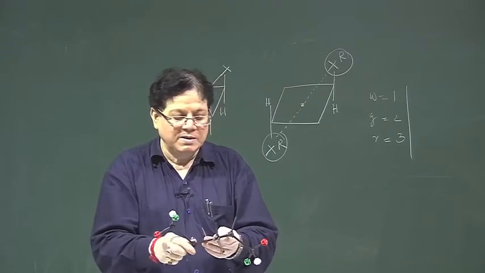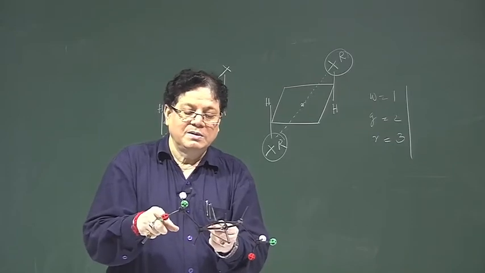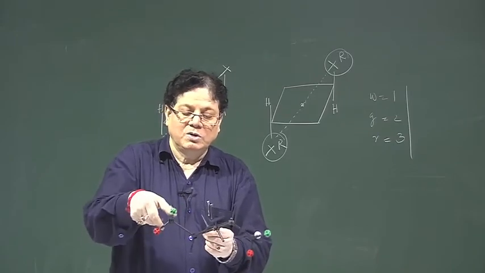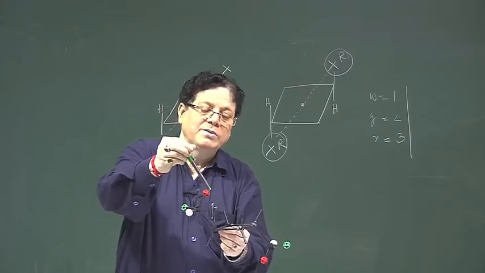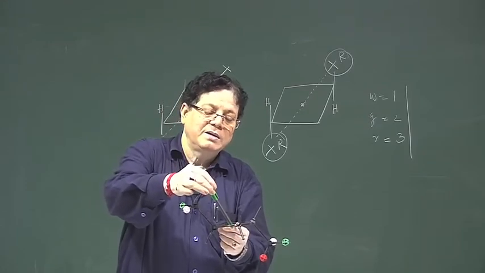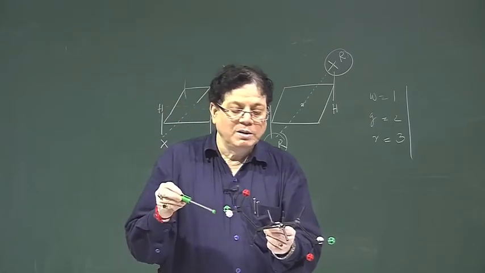If I place it on this side, no, not that one, sorry, red should be here. So, I place red in such a fashion that it meets a red in the opposite direction. What about the green?